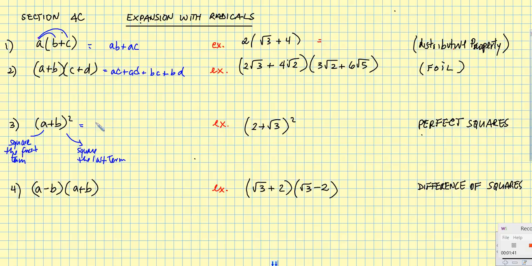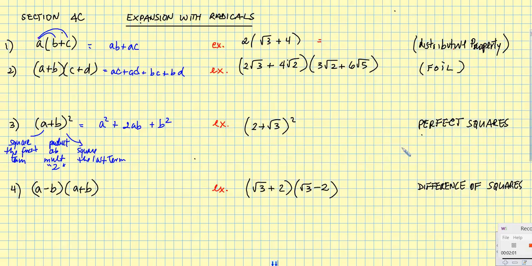So square the first term is A squared, square the last term is plus B squared in this case, and then we would find the product of AB and multiply that by 2, so that you would get plus 2AB. That was called perfect square expansion.